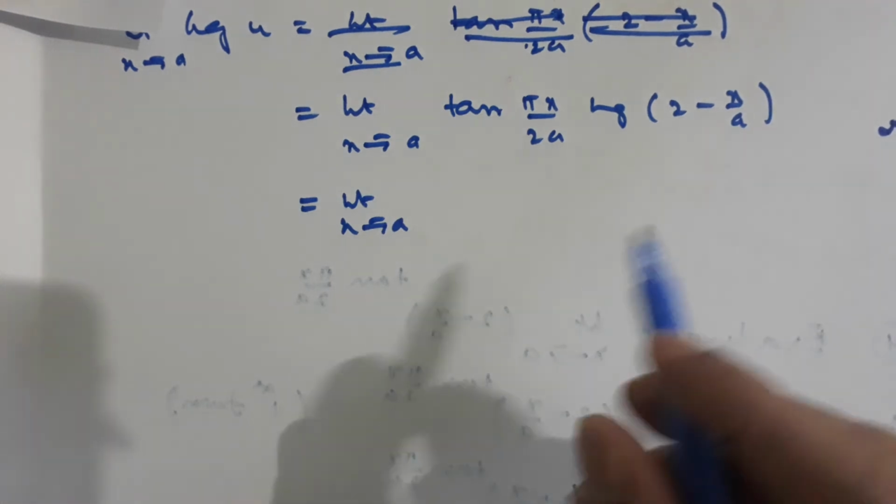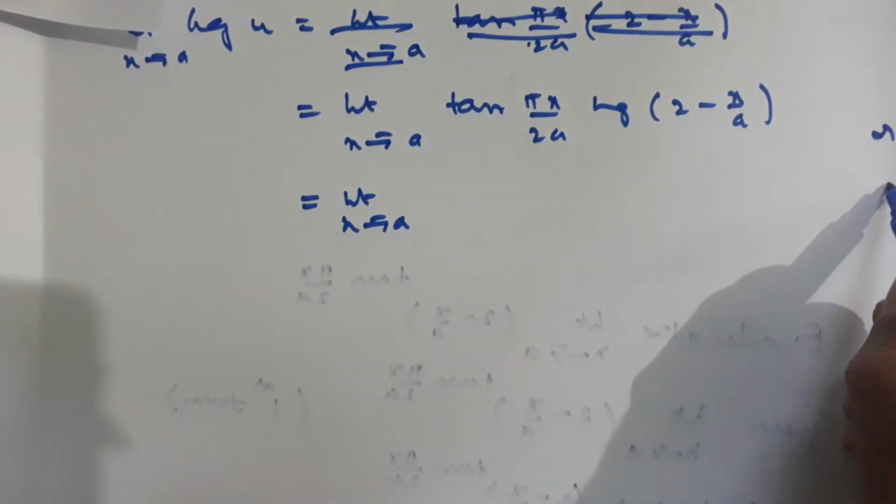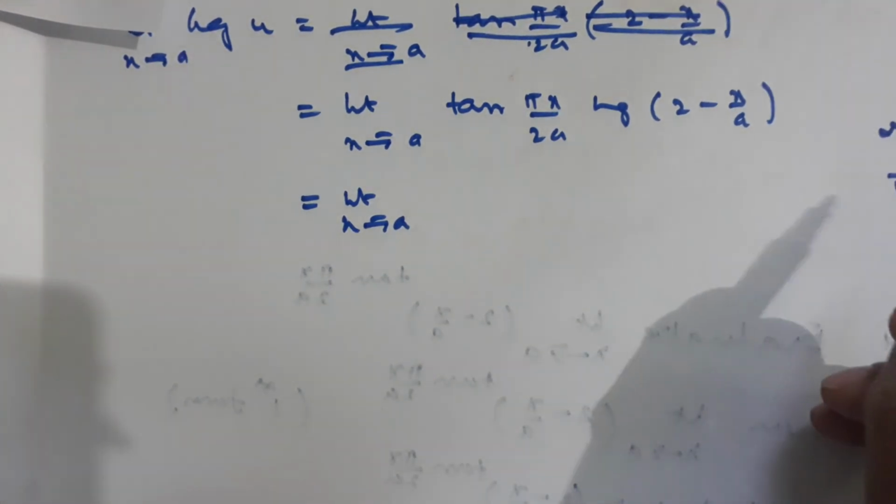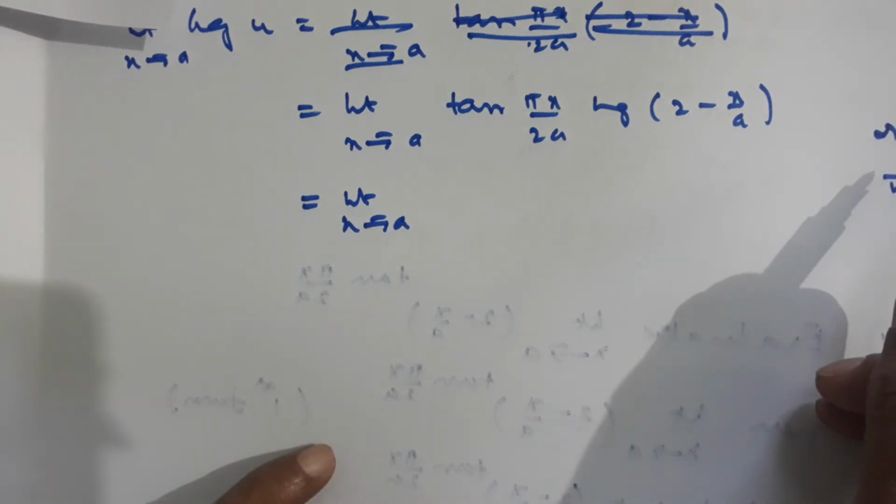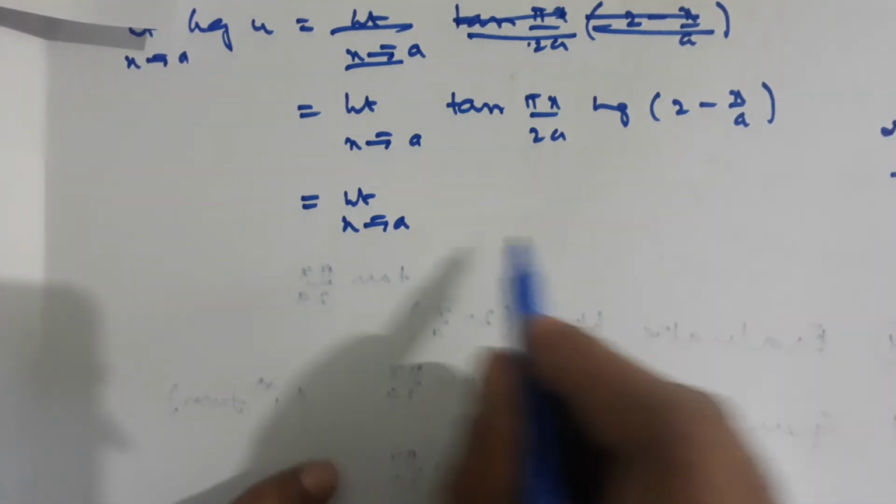Generally we have 0 into infinity, or otherwise infinity into 0. So whenever infinity into 0, take the first function to the denominator.